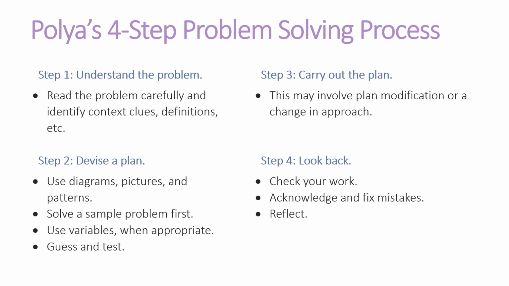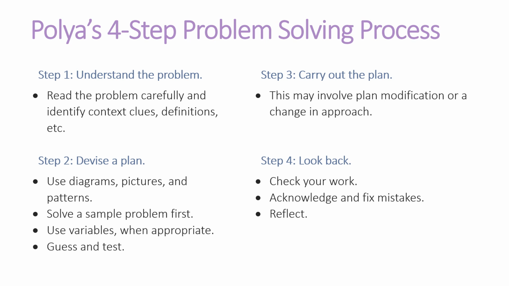So if there's more than one thing that you don't know, you might say, okay, I'm going to let X be this, I'm going to let Y be this. And you might just do some guessing at this stage. So you might say, okay, well, I feel like it can't be more than 100, or it can't be less than 2. Right? So you might just pick some numbers and guess and test.